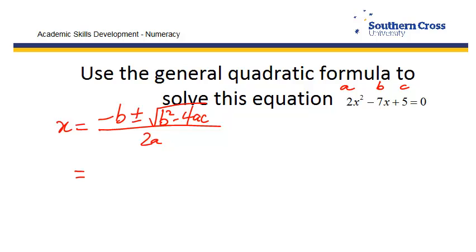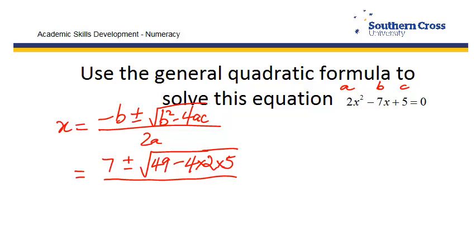So minus b is minus negative 7, which is 7, plus or minus the square root of b squared. So negative 7 squared is 49. Take away 4 times a, which is 2, times c, which is 5. All over 2a, which is 2 2's, which is 4.